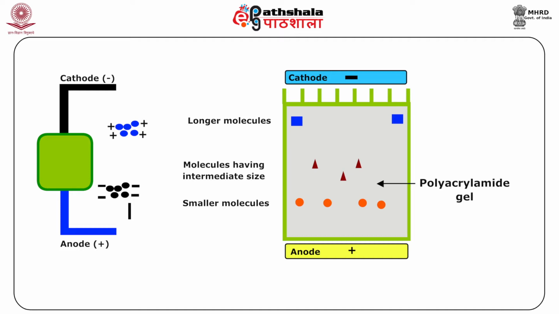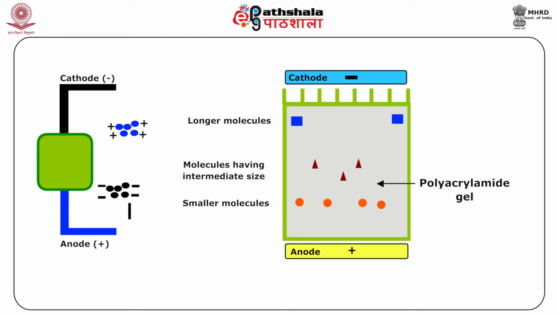The molecule will move towards the negative cathode if positively charged, or towards the positive anode if it has a negative charge. Therefore, the different physical and chemical properties of a molecule determine how rapidly an electric field can move the molecule through a gelatinous medium.